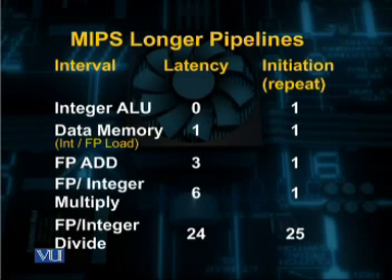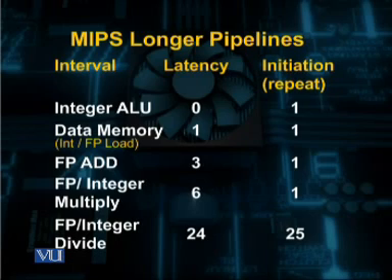For floating point add operations, as we discussed earlier, it has longer latency, and in this typical example, the latency is equal to 3 and the initiation interval is 1 cycle. For floating point or integer multiply, again we have to run some algorithm, and it requires more than 1 cycle.